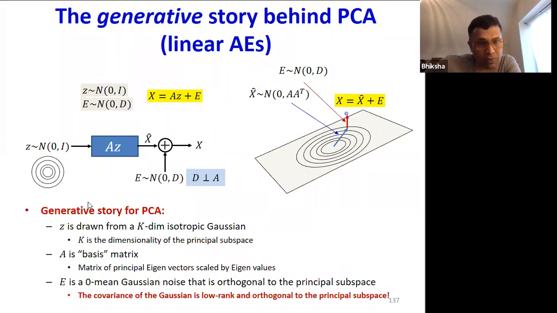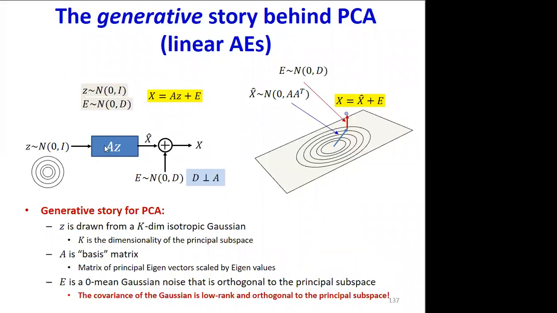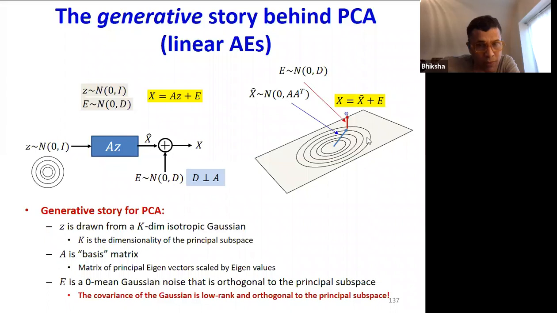So here's the generative story for PCA. Z is drawn from a k-dimensional isotropic Gaussian. The Z is now transformed using your basis matrix, which we represented as W earlier. That's going to give you a position on the plane. And then we draw a Gaussian noise, which is orthogonal to this plane, and you add it. And that gives me my generated data point.